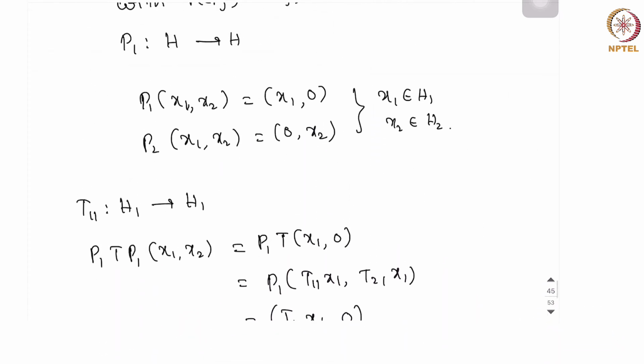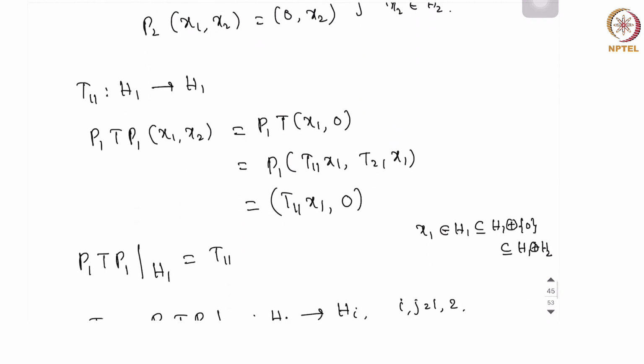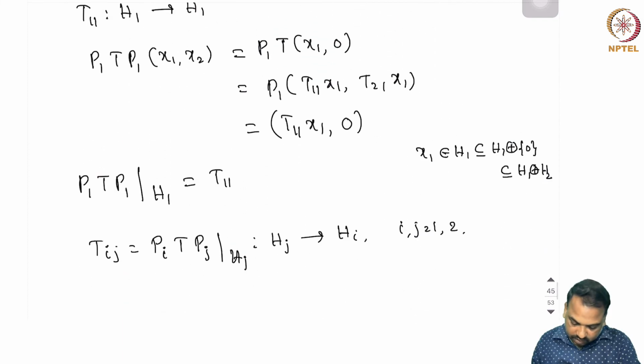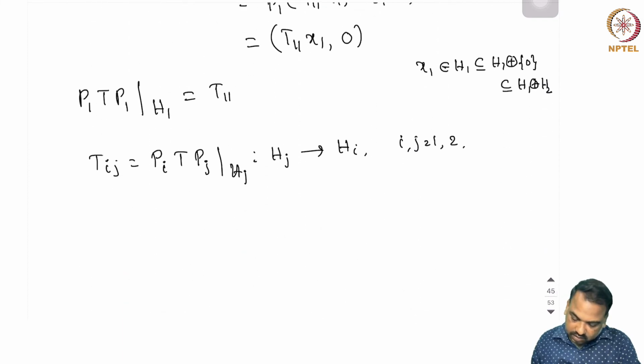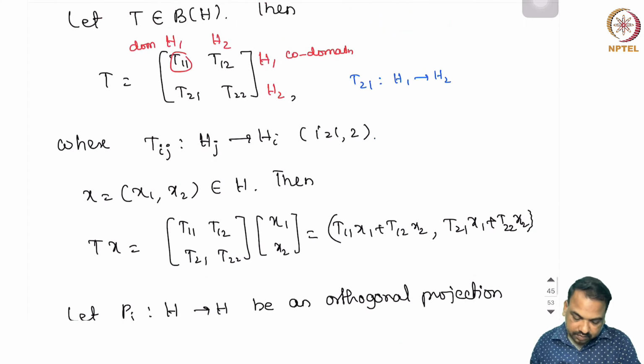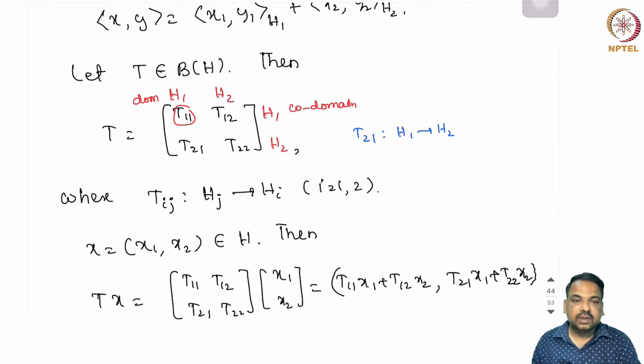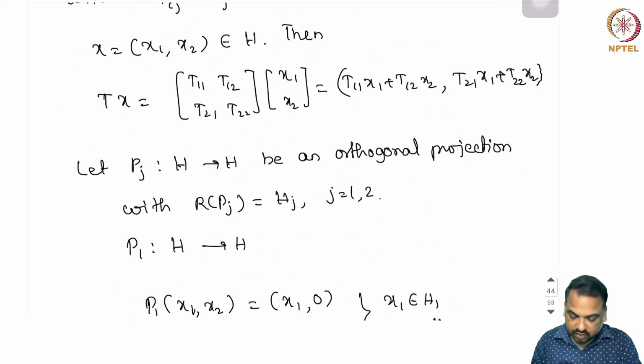If T is a linear map from Cn to Cm, then we get an m by n matrix corresponding to it. Similarly, if we have a map from Hj to Hi, you will get Tij here. So that means given any bounded operator on the direct sum of two Hilbert spaces, we can actually write it in this matrix form.